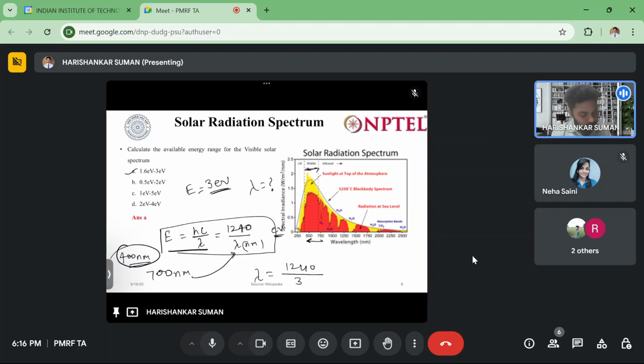This lambda will be in nanometer, around 1240 divided by 3, like that. Okay, so light lies in the visible range. So this is easy, I think.